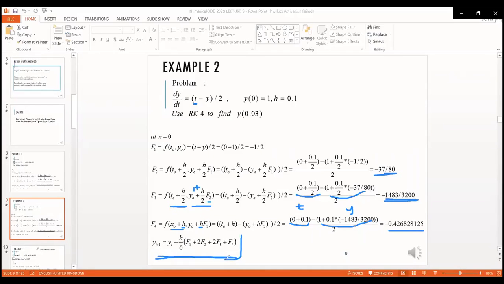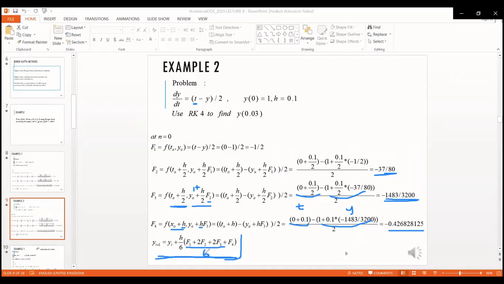If you add the coefficients here, 1 plus 2 plus 2 plus 1 will give you 6. So over here you have h over 6. So it's more like finding the weights of the function. One edge point here, another edge point here, then you have 2 here. So you have to average it over 6.